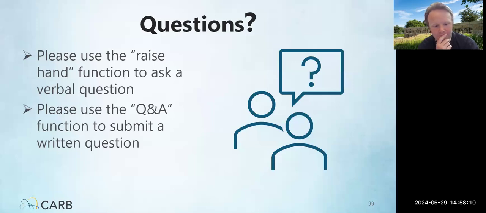Currently, CARB is coordinating with the California Energy Commission on this, so that they are aware of the challenges, and they are developing solutions and pathways.